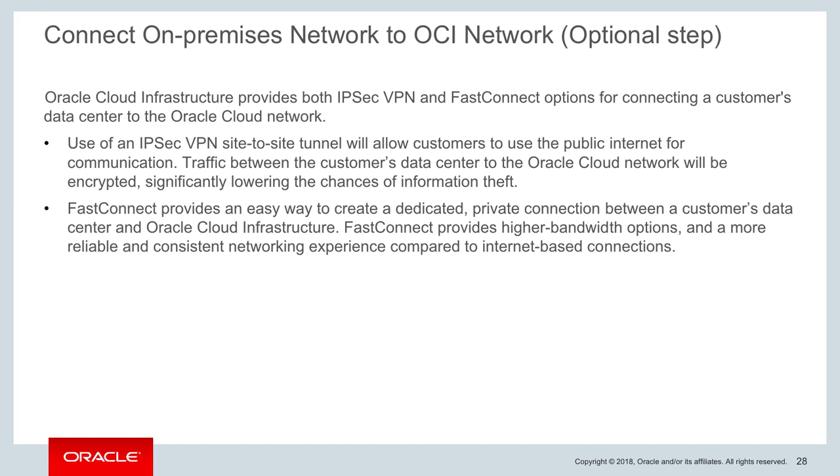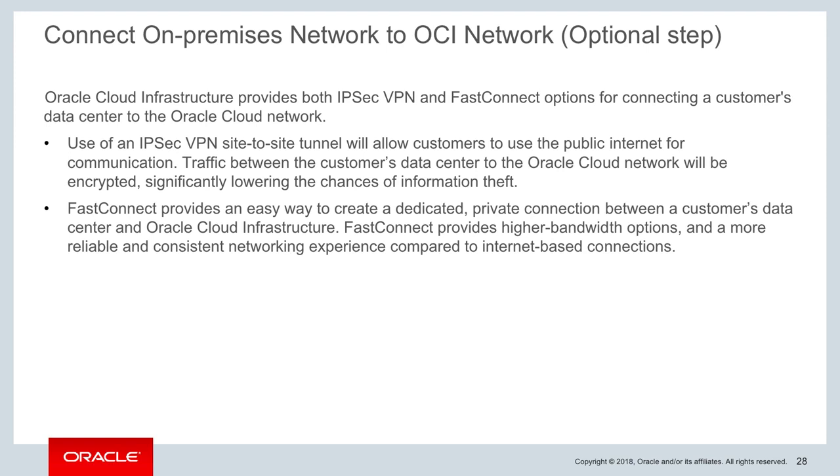We'll now look at connecting your on-premises network to OCI network. OCI provides both IPsec VPN and FastConnect options for connecting a customer's data center to the Oracle Cloud Network. Use of an IPsec VPN site-to-site tunnel will allow customers to use the public internet for communication.